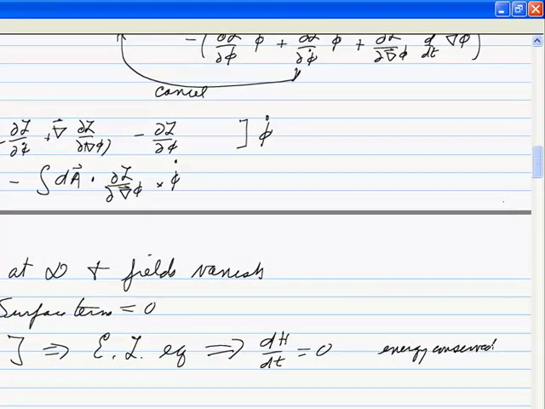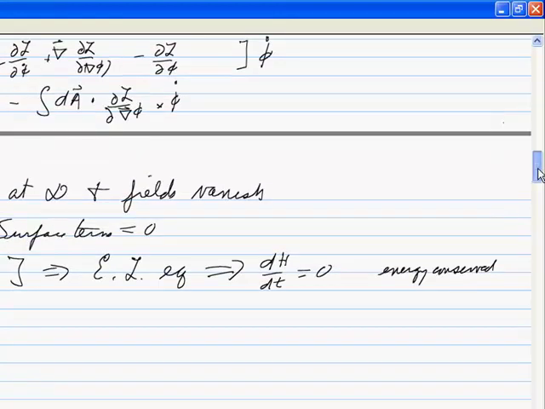This is the same thing that happens in classical mechanics. That's why you define the Hamiltonian. The Euler-Lagrange equations are equivalent to energy conservation if the Hamiltonian doesn't have explicit time dependence. So in this case, it only depends on time through the fields phi and their derivatives. So again, like classical mechanics. But there's also extra information here.